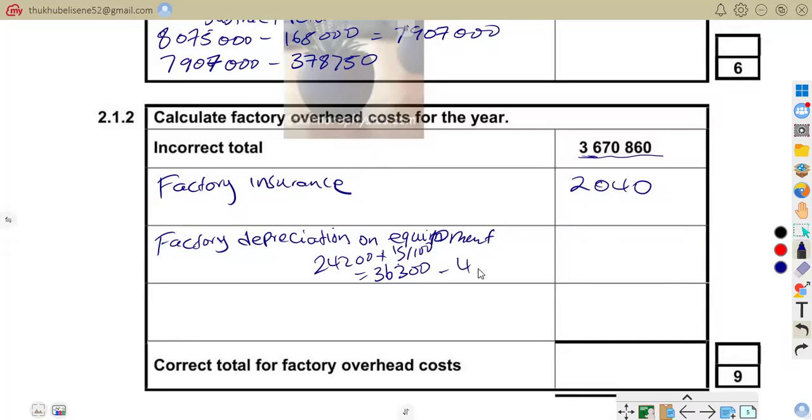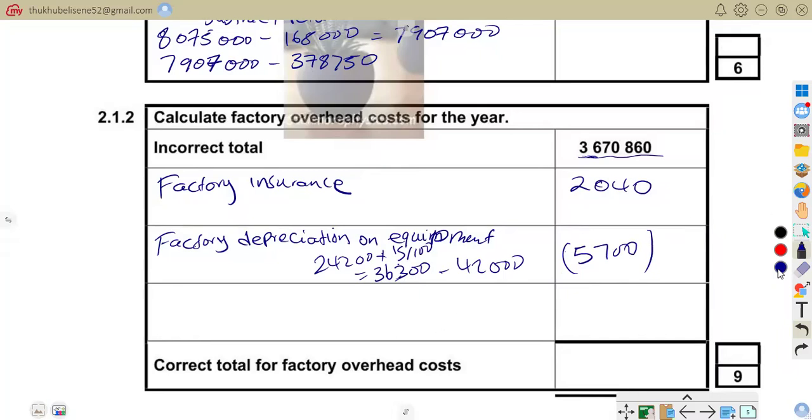Then we subtract 42,000, which is what the bookkeeper recorded, but the correct one was 36,300. So it means you're going to have minus 5,700. Hope you are together, good people.